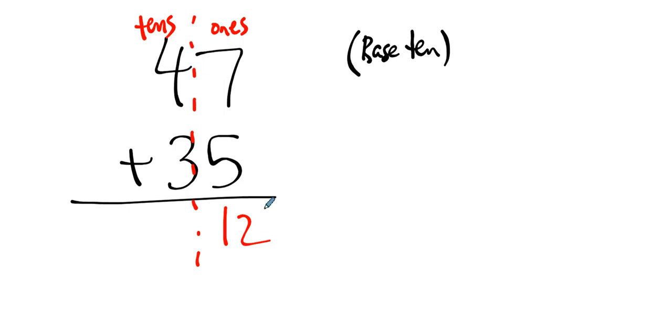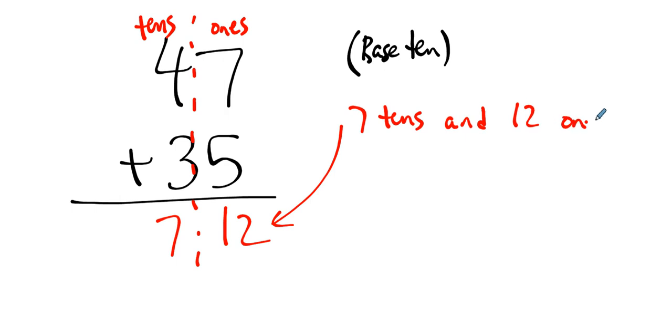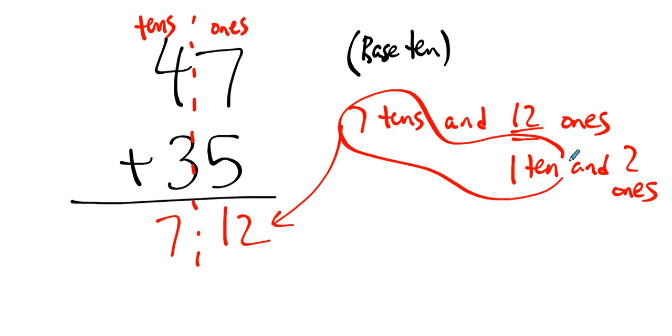You can only write a numeral there. So we think about this 12, so it's 7 tens and 12 ones. But those 12 ones, that's 1 ten and 2 ones. So now there are 8 tens and 2 ones.